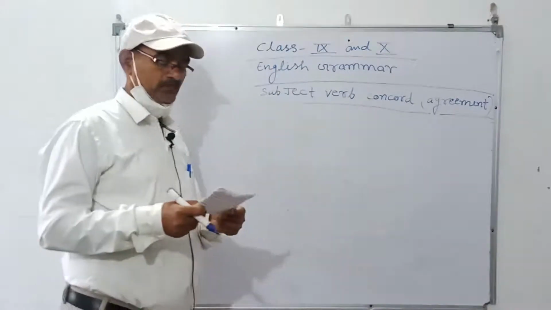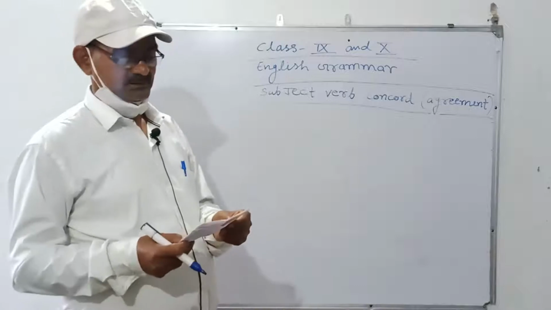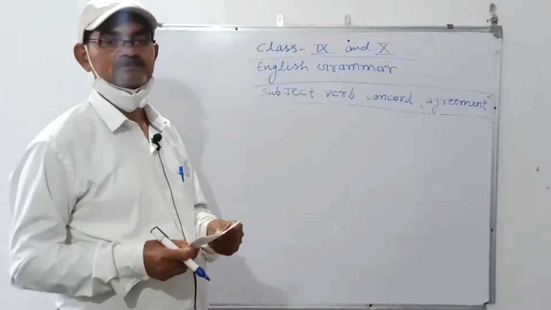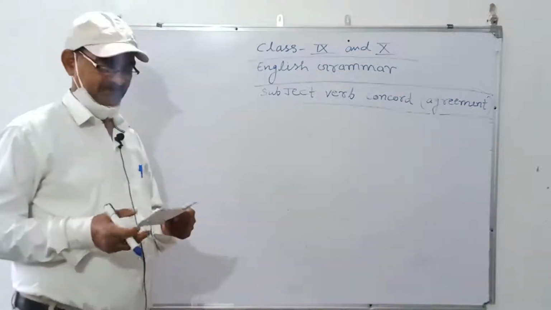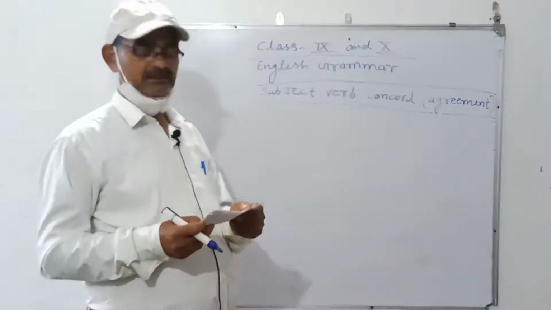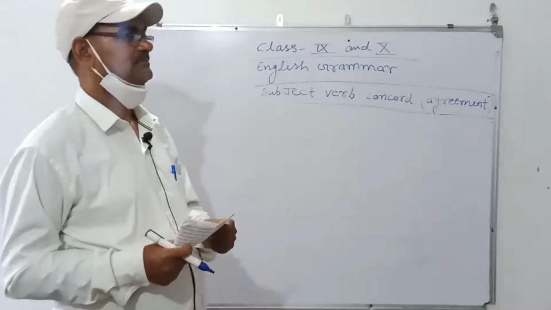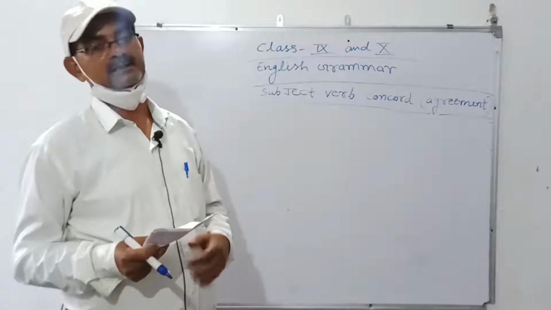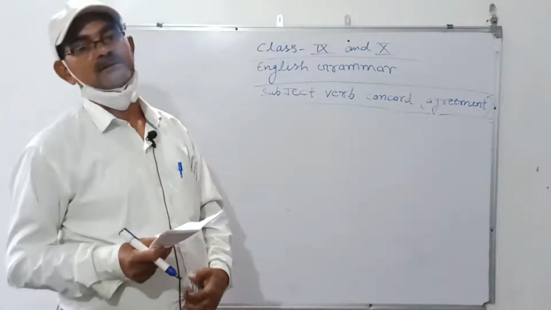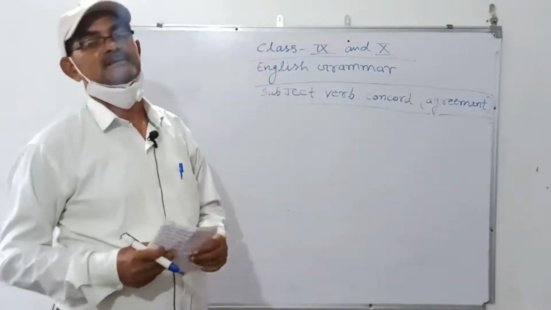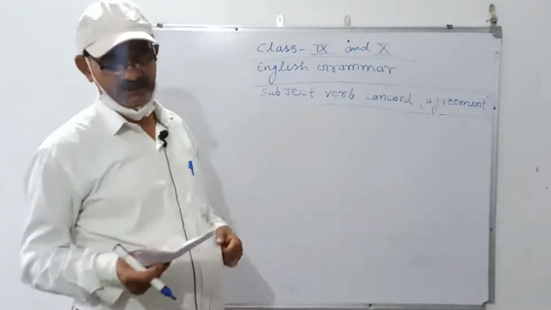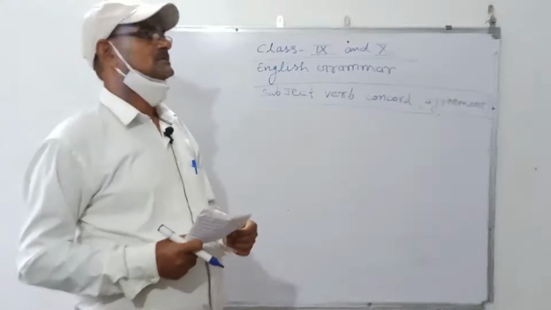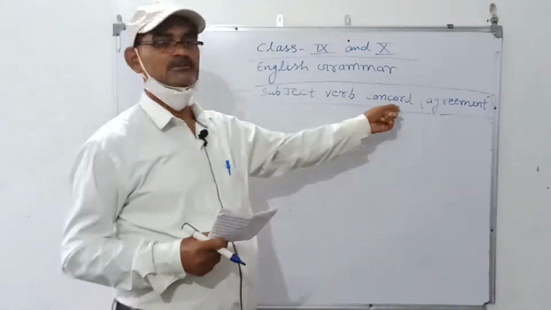So when a verb agrees with the subject in number and person, it is known as subject verb agreement. Means if the verb agrees with the number of the subject and person, it is called subject verb agreement or subject verb concord.